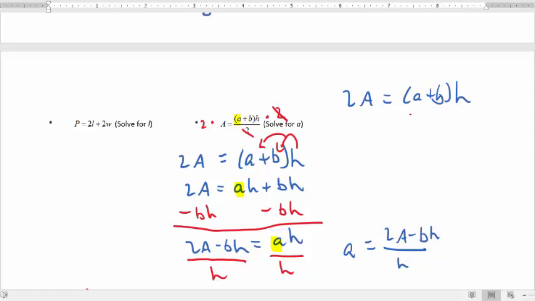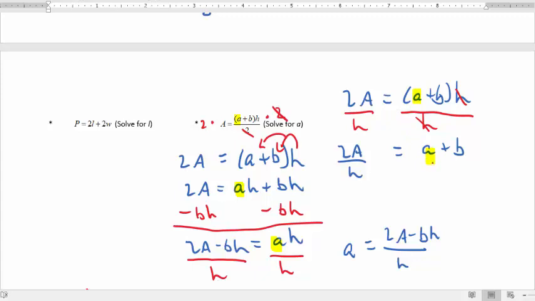So what I could have done to get rid of it is divide by that h. So here now it's going to cancel out, and now my parenthesis is going to go away. So now I just have a plus b on the right side, and I have 2a over h on the left side. And then again, you're solving for a.